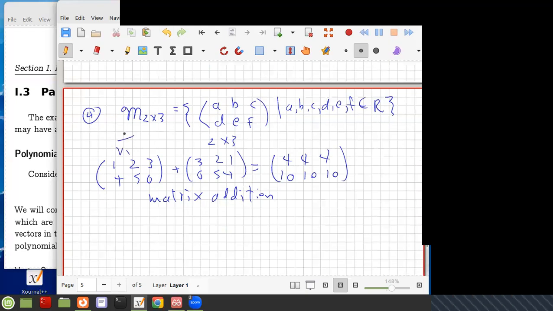So if this is V1 and this is V2, this will be V3, and then I can also multiply a vector here by a number to get 3, 6, 9, 12, 15, 18, just the same way. It turns out that these two, addition and multiplication, make this into a vector space.